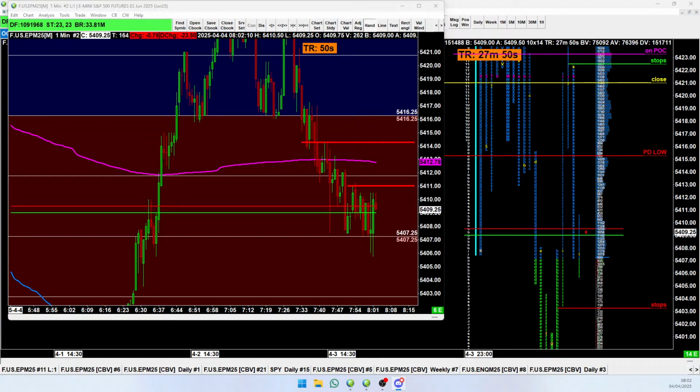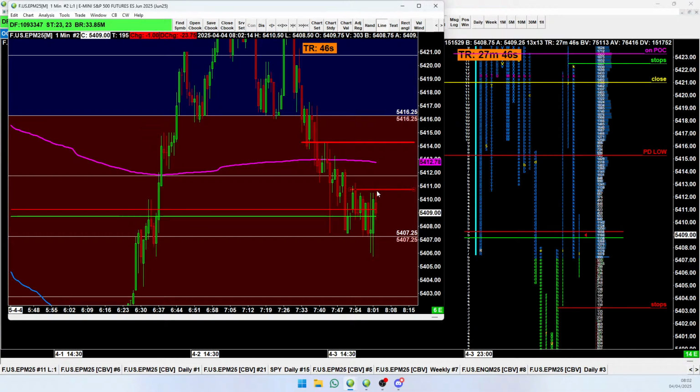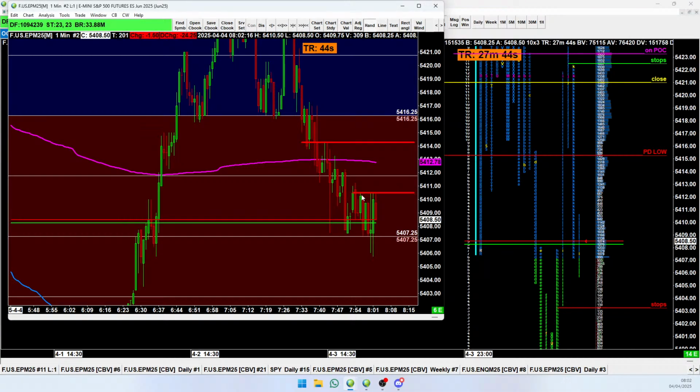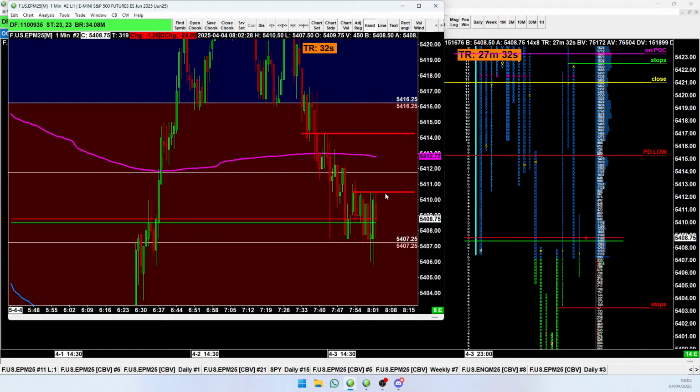Look at this. What's FVP? There's a seller there. That is useful information. Fair value gap? No, I don't. For me, it's a gap if we open outside the previous day's range.